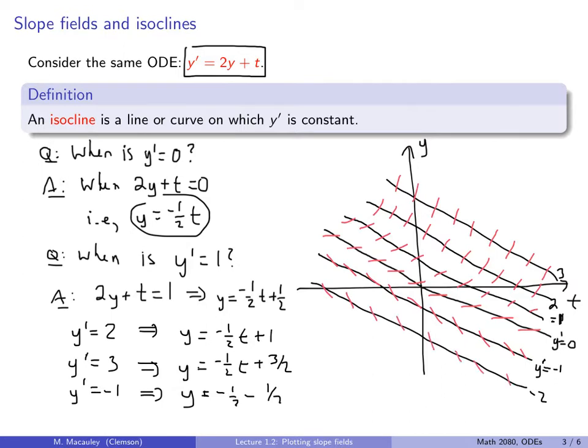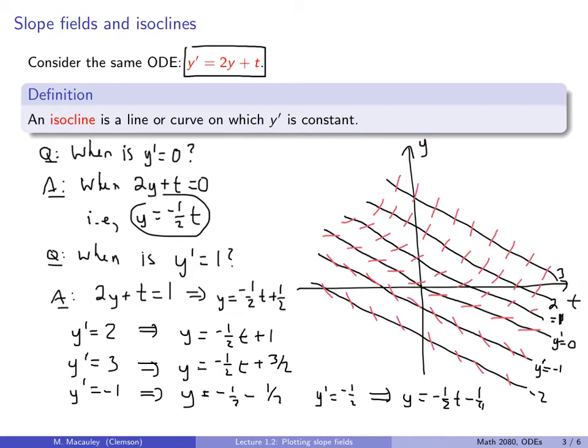But I want to point out one more interesting case. So let's notice that y prime equals negative 1/2. That's going to happen when y equals negative 1/2 t minus 1/4.